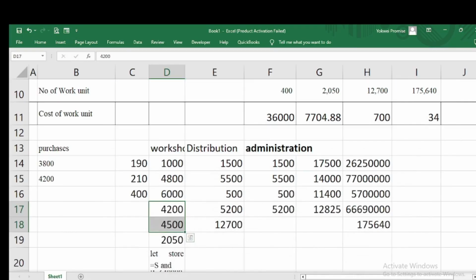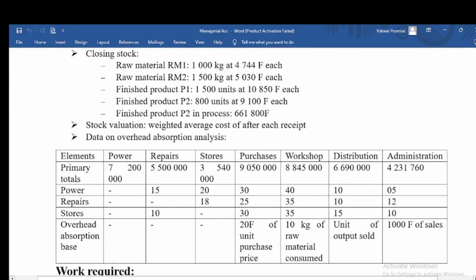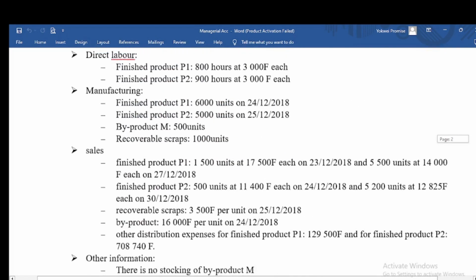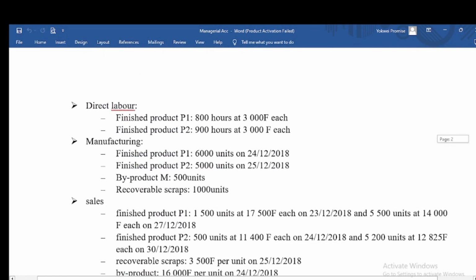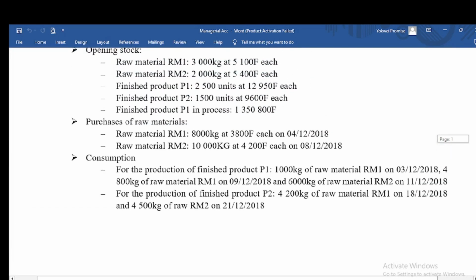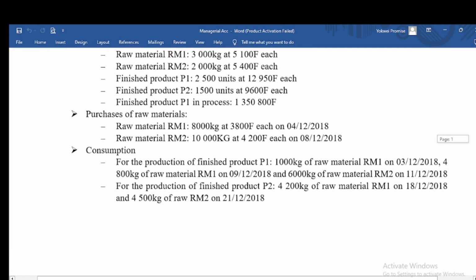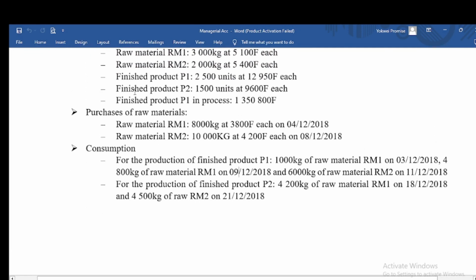I have 1048. What is the manufacturing? Looking at the consumption, we have 1000, and we have 4800 of raw material one. This is just for finished product P1.